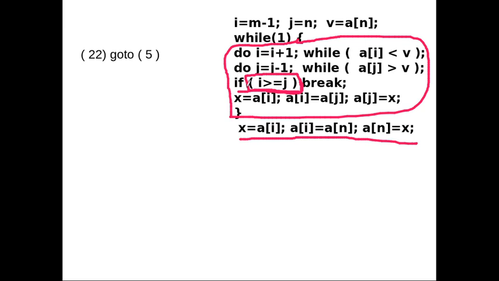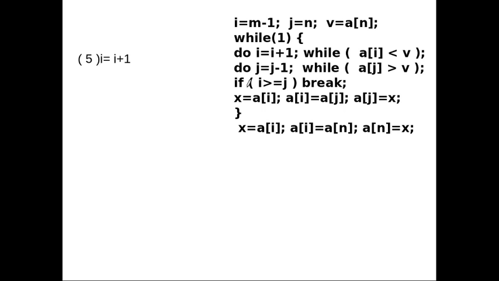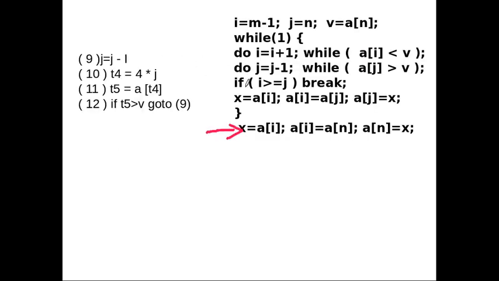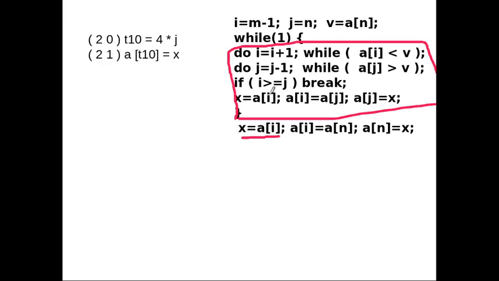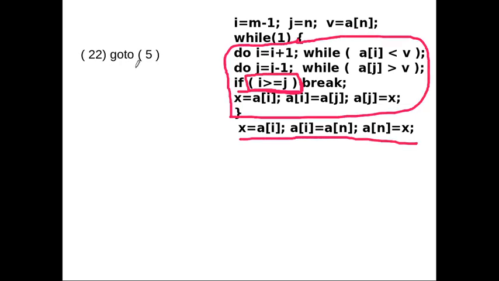From which address does our while statement begin? i equal to i plus 1 begins at 5. So after execution of this while statement, once again we recall the while. While of 1 means the while is always true. So after the end of this, for statement 22, you must write goto of the address where the while instruction begins. The beginning three address code is 5. That's why we are writing goto 5.